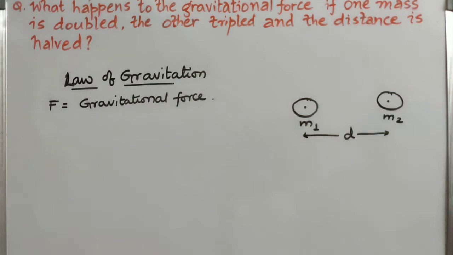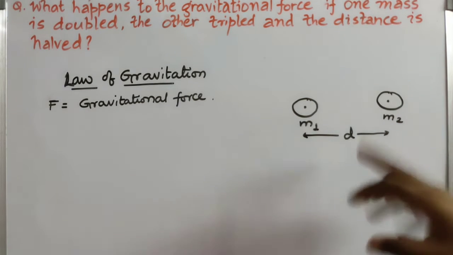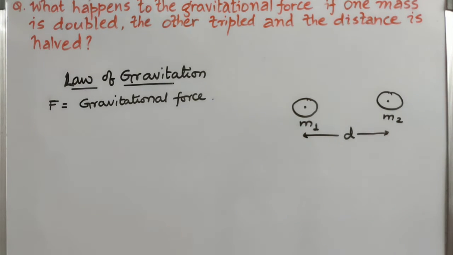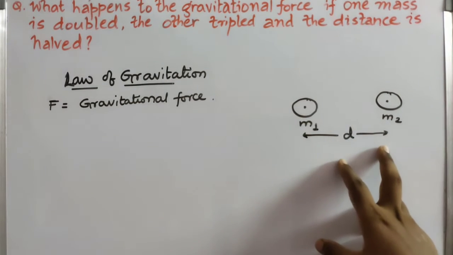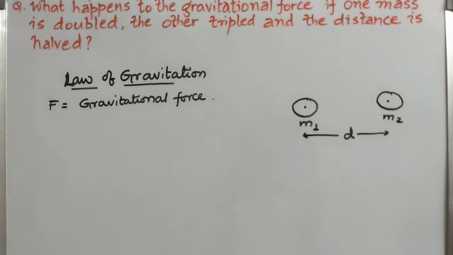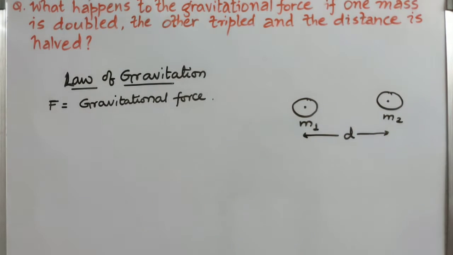So here I have drawn two masses, m1 and m2, separated by distance d. One more important point about the law of gravitation is that it is valid only for point masses. That is, the size of the masses compared to the distance is very small. When the distance between the masses is very large compared to the size of the masses, then the law of gravitation is valid.